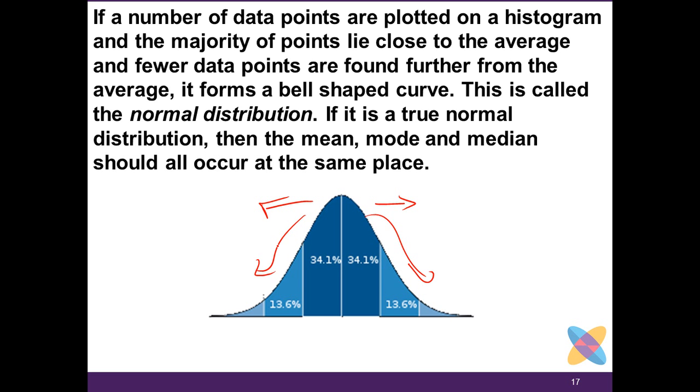That bell-shaped curve and that frequency distribution is a special type of frequency distribution called a normal distribution. And if you have something that forms a normal distribution, then the mean, the mode, and the median should all occur in the same place and have the same value, which would be right there.